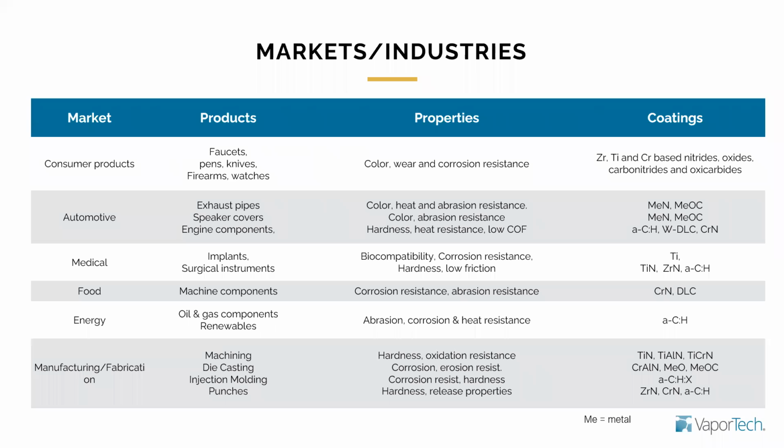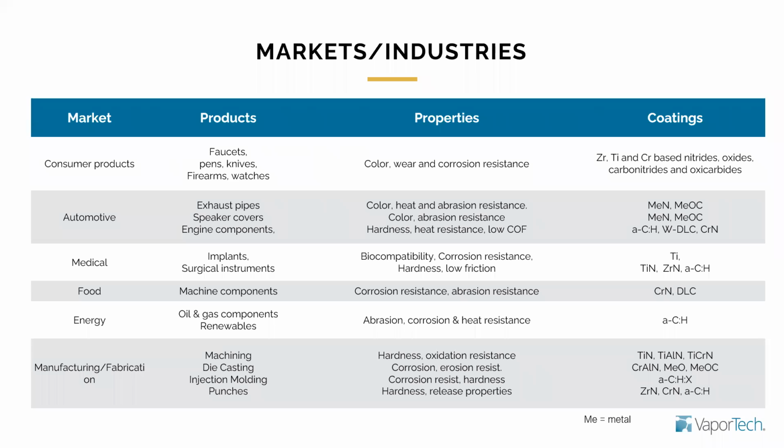In the energy industry, say oil, gas components, and renewables, you try to reduce friction, so DLC, again, is a good option. There are some applications where abrasion, corrosion, and heat resistance are required. Manufacturing or fabrication is a broader category: machining, die casting, injection molding, punches.